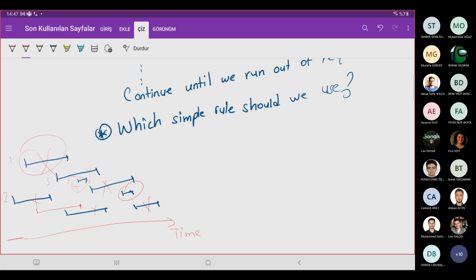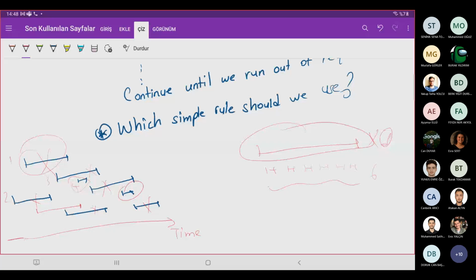Let's say you had one request that is very long and many other small requests that didn't overlap with each other. You chose this one, but if you didn't, you would be able to choose the remaining 5, 6 of them. But you chose this one, and you were able to choose only one request. Yes, it's a bad idea.